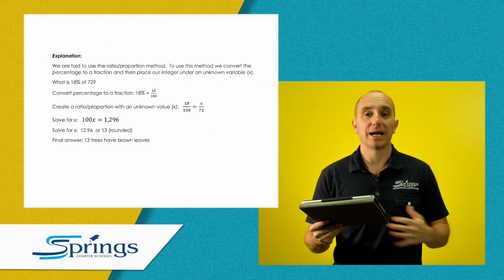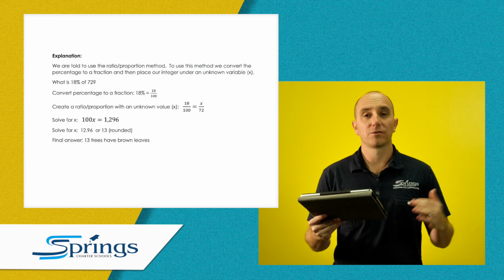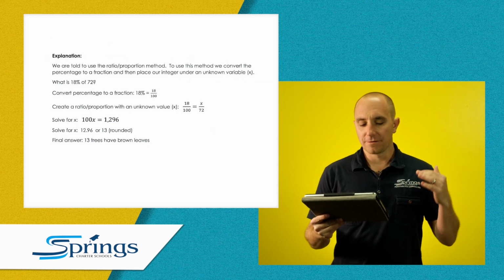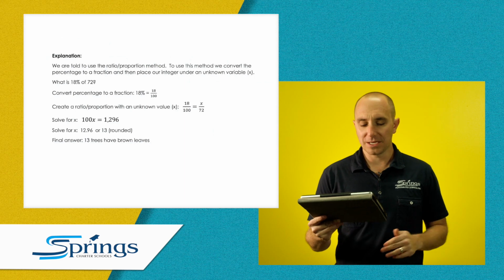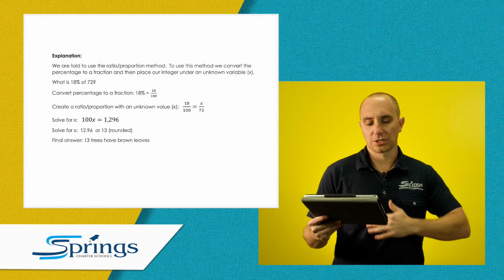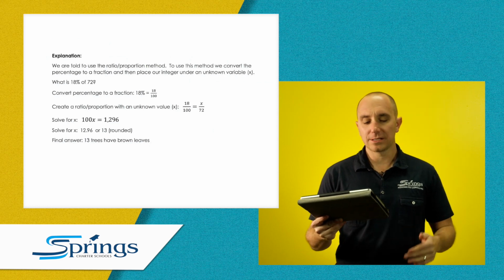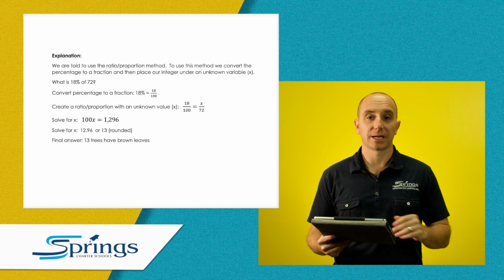Now we isolate our variable. We take 100 out of the 100x, giving us just x, and divide 100 out of 20,592, which is just moving our decimal point over 2 spaces. That gives us 205.92, and rounding that, we get 206. So our final answer is 206.